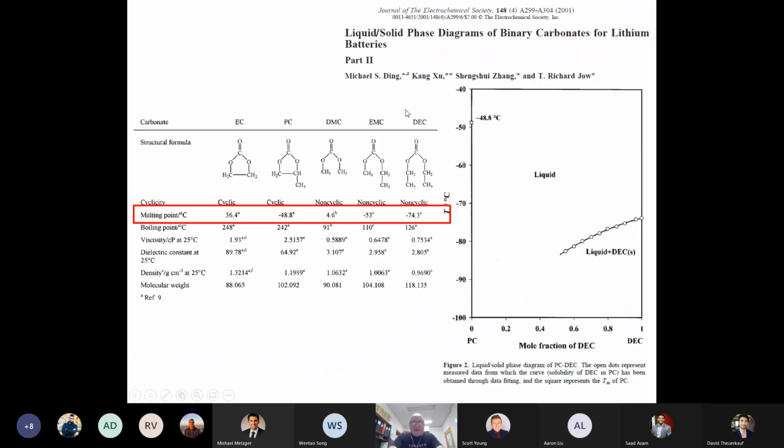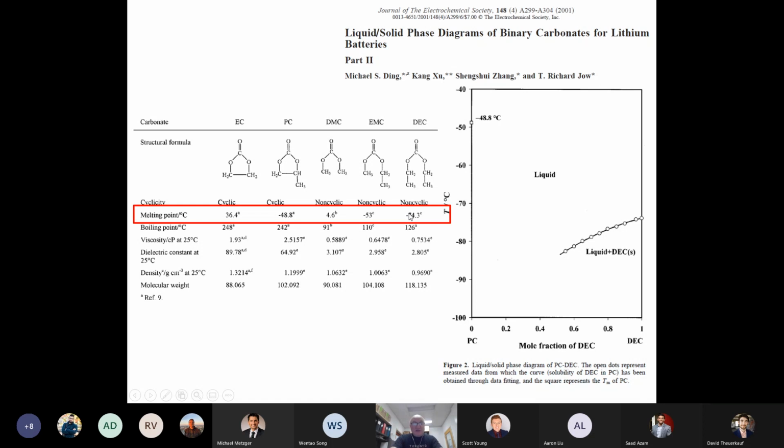Okay, so now let's take a look at melting points of some of these common solvents that we use in the battery business, and I've highlighted that in the red box. So EC is 36.4. PC, only differs by a methyl group, and look, the melting point is minus 48. Incredible. DMC 4.6, and then EMC, just an extra methylene group, and it goes down to minus 53. And diethyl carbonate is minus 74.